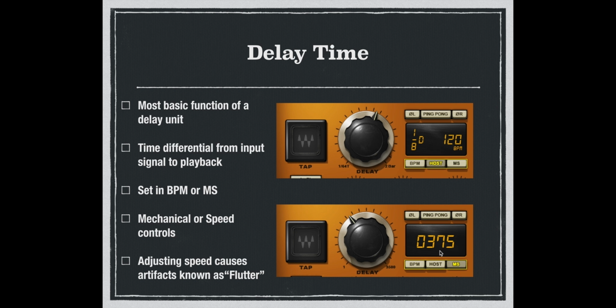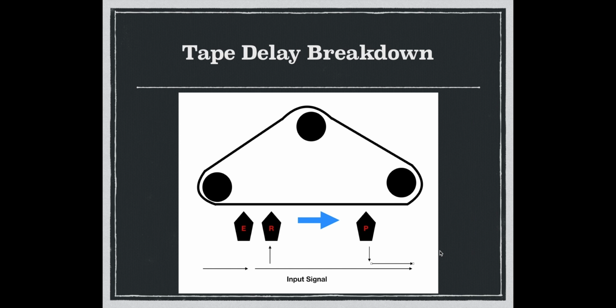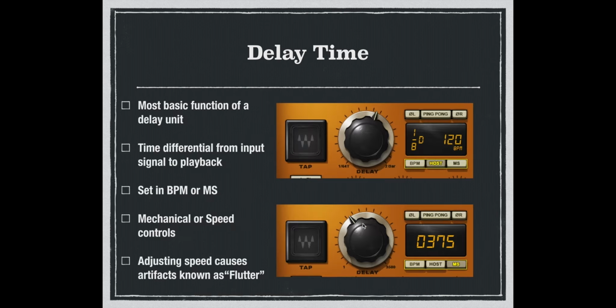In the world of analog tape delays, we have mechanical or speed controls. The mechanical control being that distance of the record head to the play head versus the tape speed. And adjusting the tape speed creates artifacts known as flutters, which is actually emulated in digital delays that we still use today.